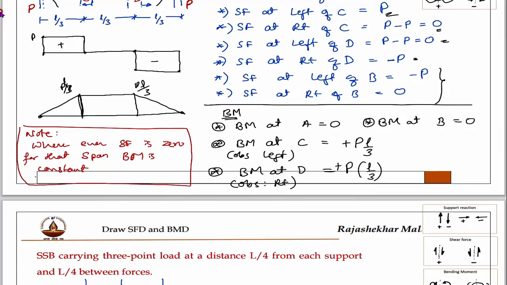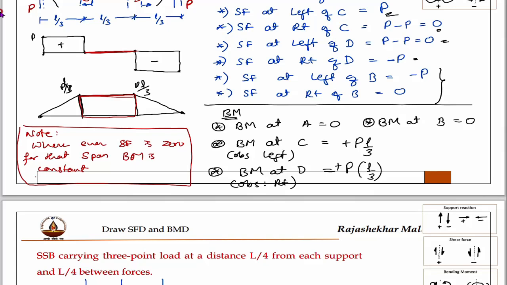The span I am considering, not a line, not a point. Just this span, where shear force is 0, for that span, bending moment is constant. That is constant for the particular span.